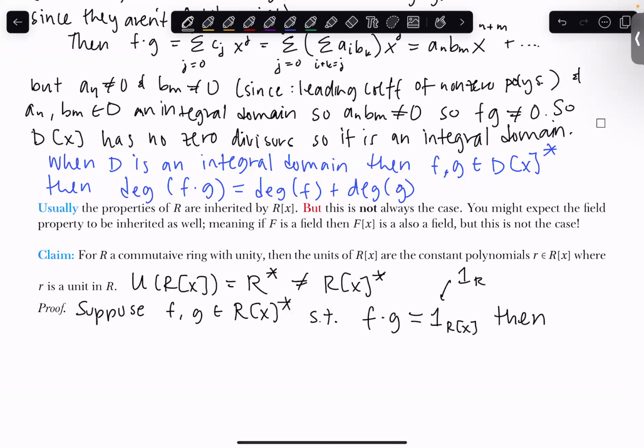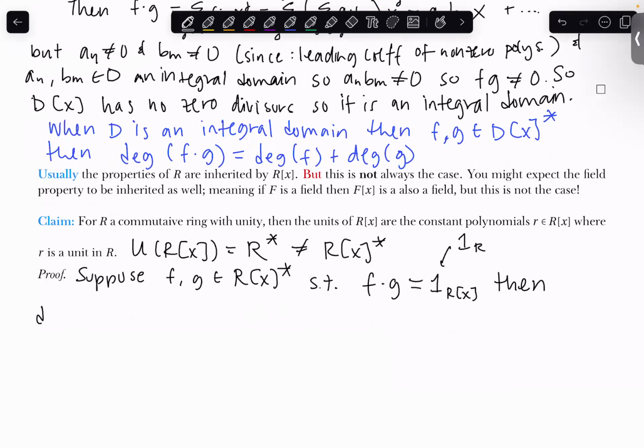Okay, so here we want to look at, or what we can study is the degree of their product to give us some more information, to tell us what f and g have to be here. Okay, so here, these are units of our ring.